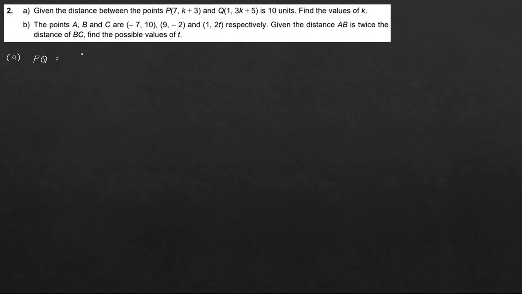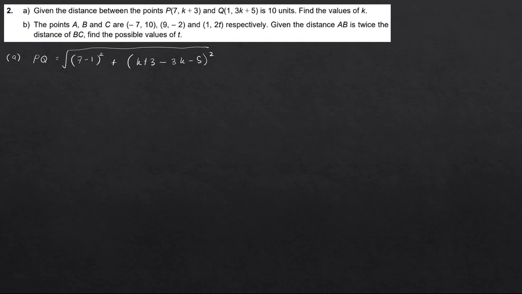We take point P minus point Q. So (7 minus 1) squared plus (k plus 3 minus (3k plus 5)), so k plus 3 minus 3k minus 5, squared. Everything square root.